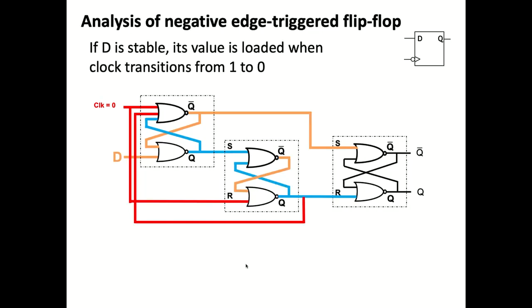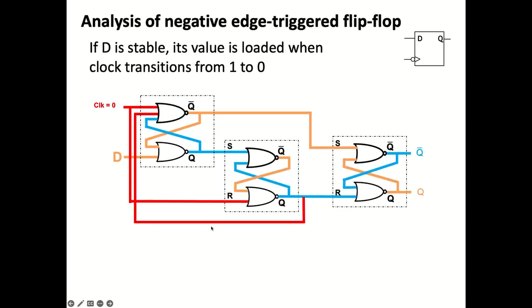D is 1, we're going to set it. If D is 0, we're going to reset it. Okay, so making the clock go low made that latch. But it did something else very important, and that is it provided feedback here.